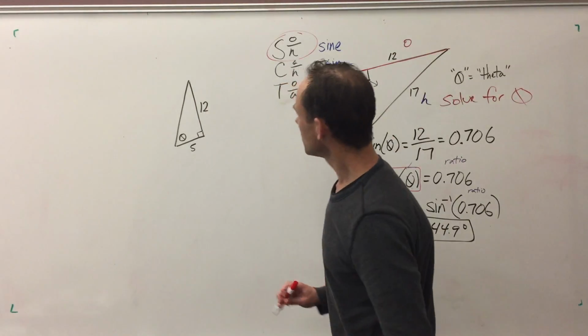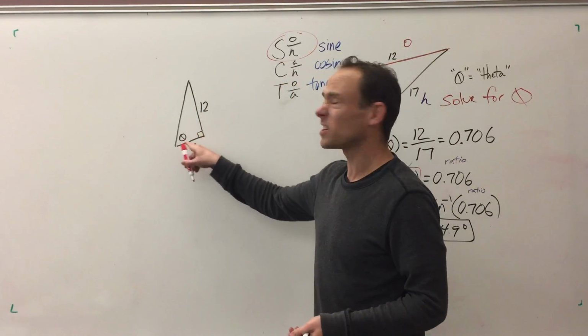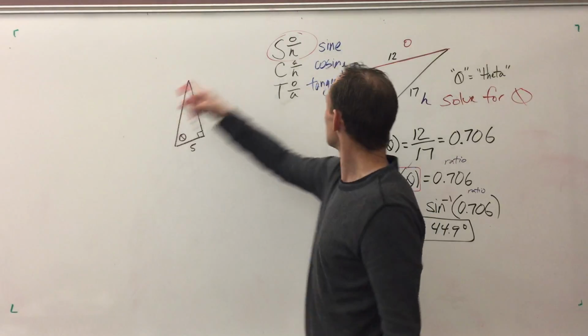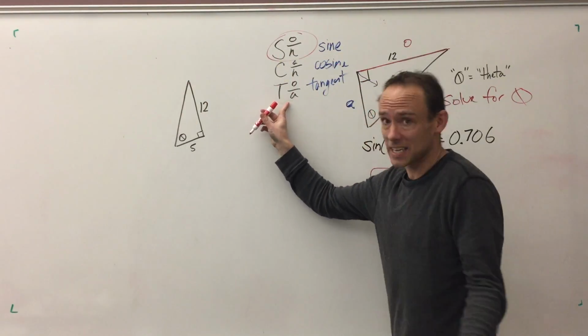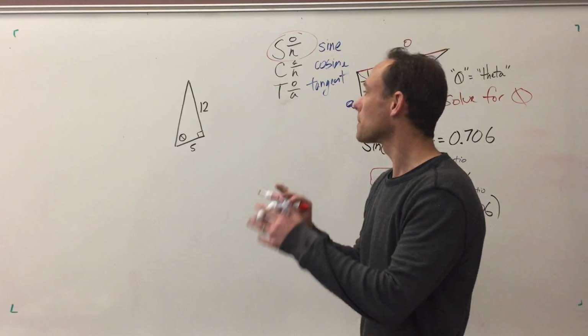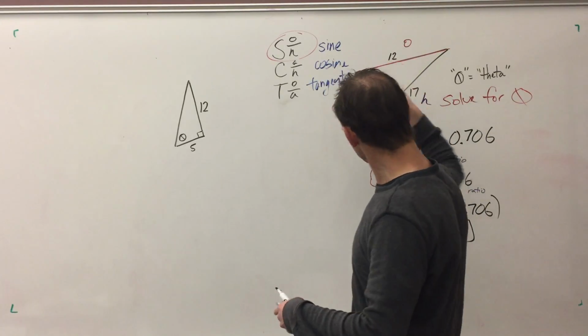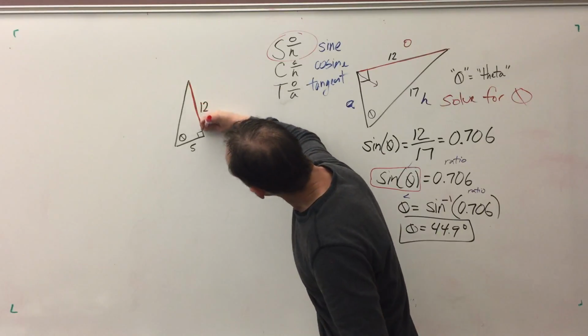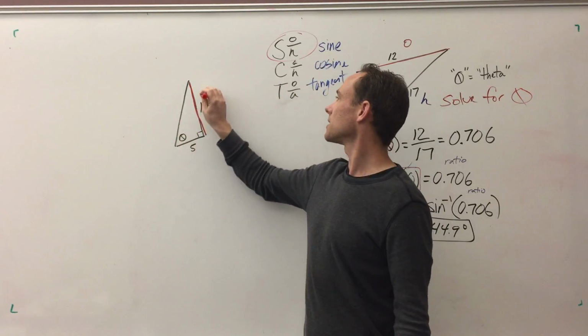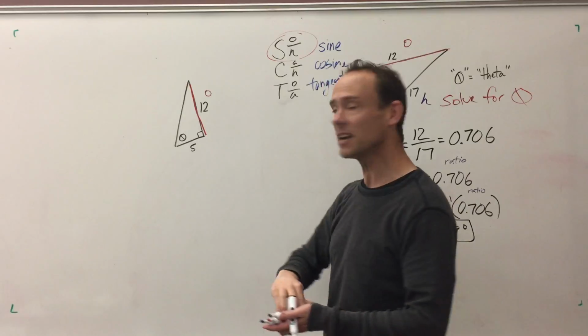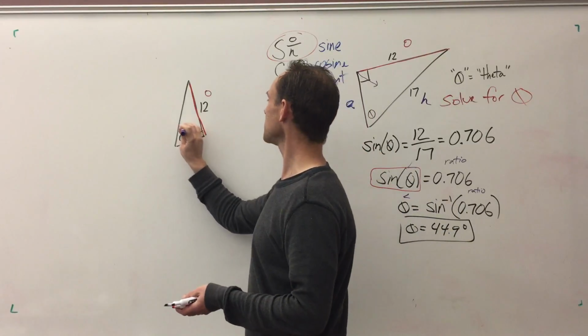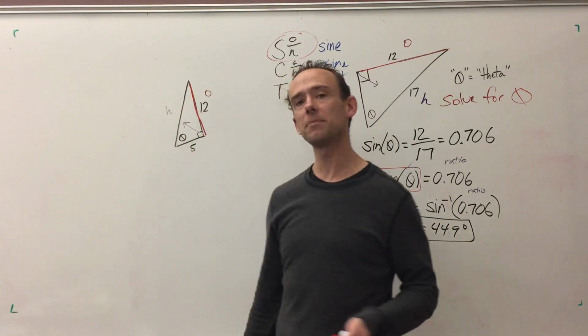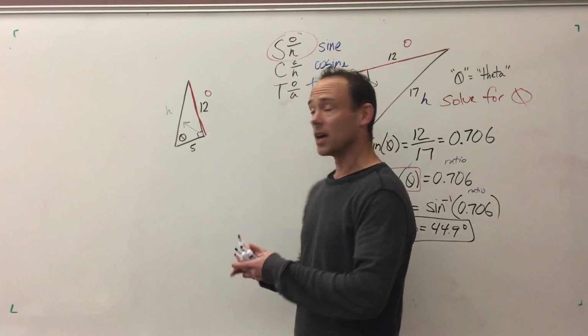First thing I noticed, quite honestly, is that I don't have the hypotenuse, which guarantees I'm using tangent, because tangent doesn't use the hypotenuse. But I'm going to follow the same structure over here. First, I'm going to find the opposite side, which is the side that doesn't make up the angle. Then I'm going to go for the hypotenuse.